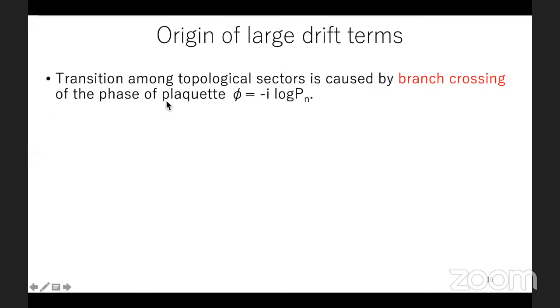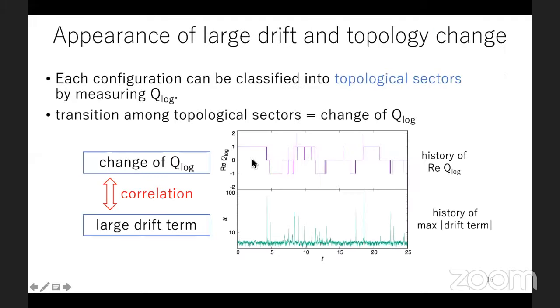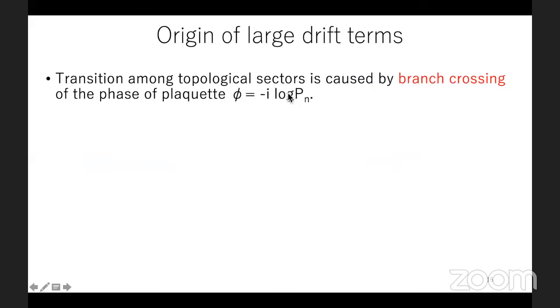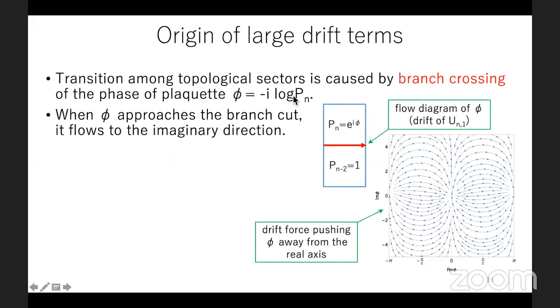The transition among topological sectors is caused by branch crossing of the phase of the bracket, because we use a complex logarithmic function in the definition of Q log. So the discrete change of Q log is caused by branch crossing of this phase of the bracket.